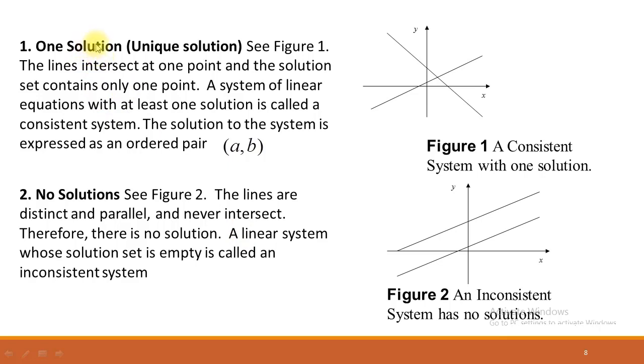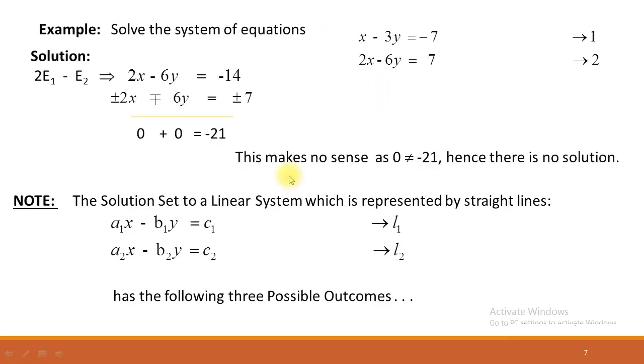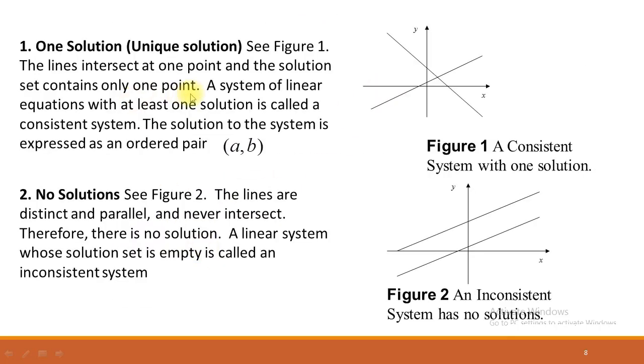One solution means the system has a unique solution. See in this figure, this is the graphical representation of the given two equations. When the system has a unique solution, the lines intersect each other at one point, and the solution set contains only one point.